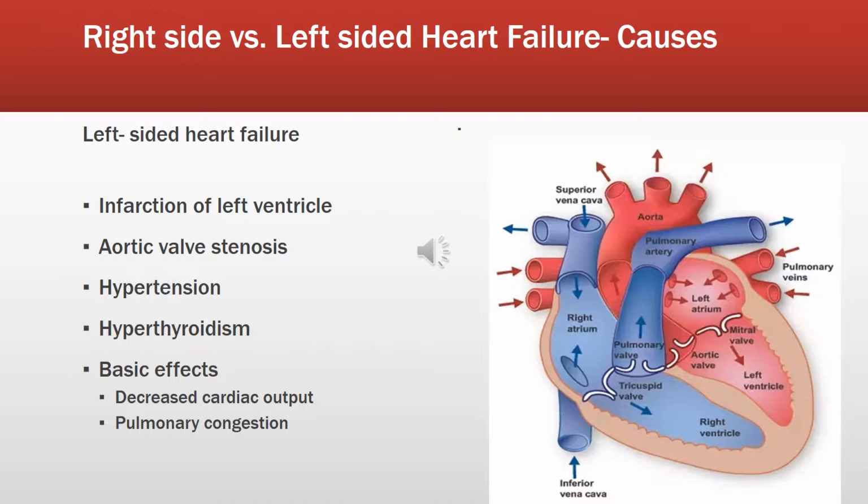Remember, those are all the same side effects that we saw with the right-sided heart failure. But from the backup effects, we see orthopnea, cough producing white or pink tinged phlegm, shortness of breath, paroxysmal nocturnal dyspnea, hemoptysis, and rales. So there is a backup or congestion in the pulmonary system.